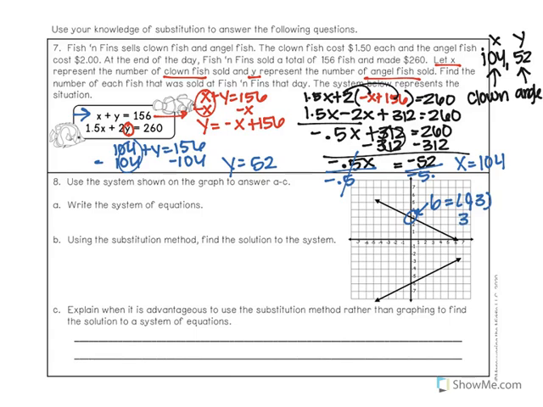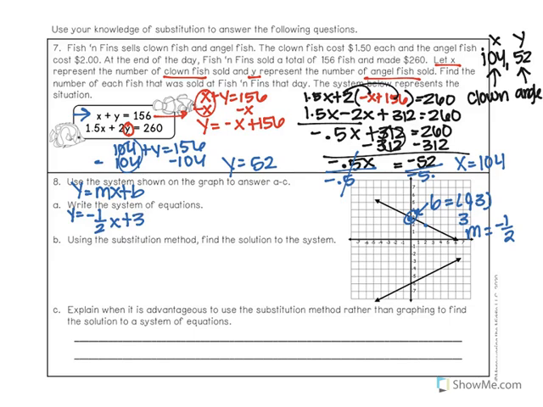And then I have to find my slope, and I can see that here's a perfect point, and here's a perfect point, which would give me down 1 and to the right 2. So my slope is negative 1/2. I'm writing it in slope-intercept form, y equals mx plus b. So y equals negative 1/2 x plus 3.